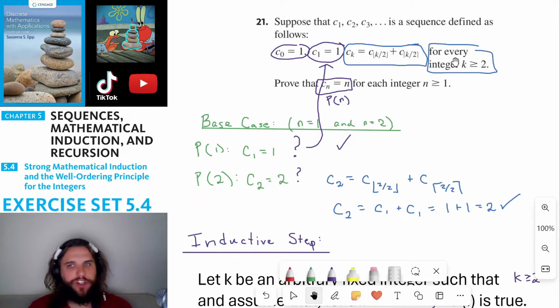This recursive definition only applies for integers that are greater than or equal to 2, but luckily k plus 1 is greater than or equal to 2. So I'm going to apply this recursive definition to k plus 1, which is going to require a shift in the index. I'm going to replace all of these k's with k plus 1 instead, since it applies for every integer that's greater than or equal to 2, including k plus 1.